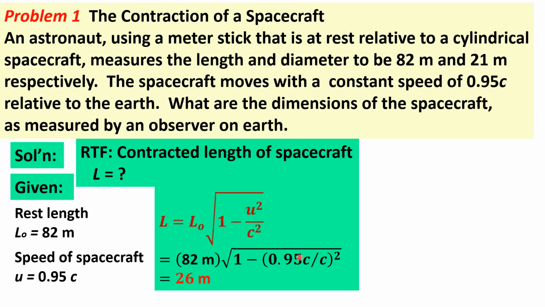Okay, so 0.95 c will also be squared, and when we do the math, we will arrive at this value for the contracted length equals 26 meters.